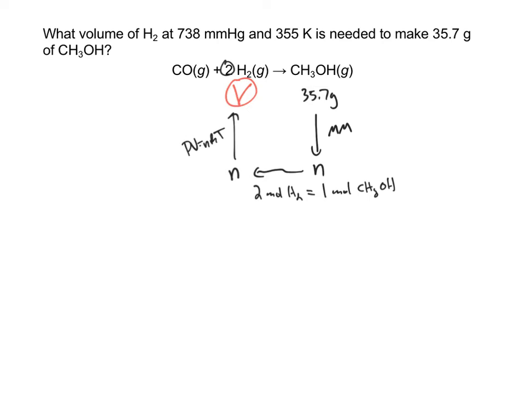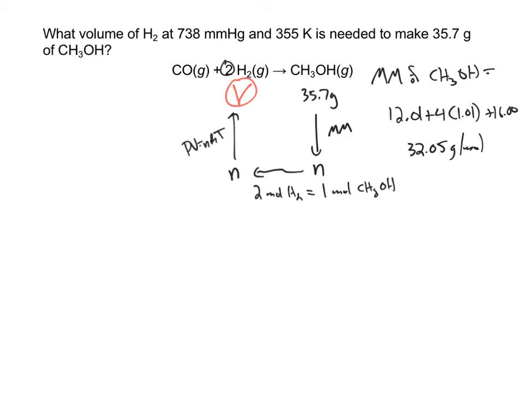So to do this first step, I need the molar mass of methanol. The molar mass of CH3OH is 1 carbon, 4 hydrogens, and an oxygen. So when I add that up, I get 32.05 grams per mole.